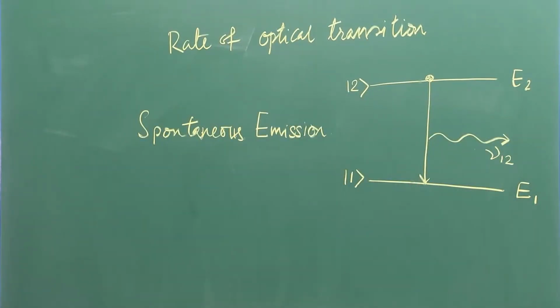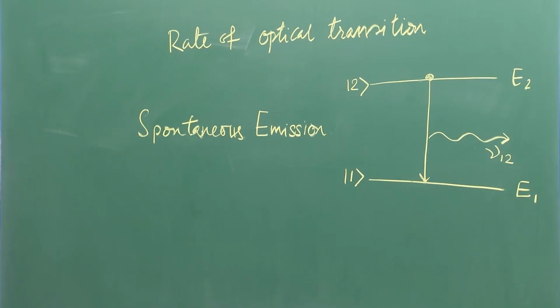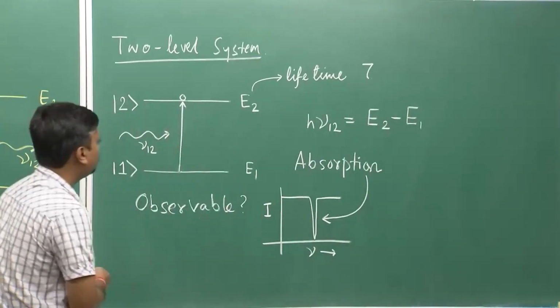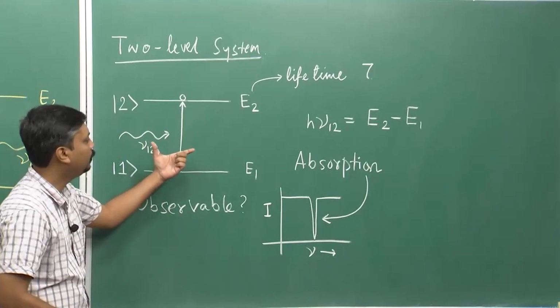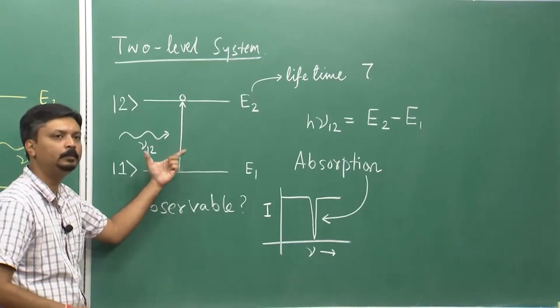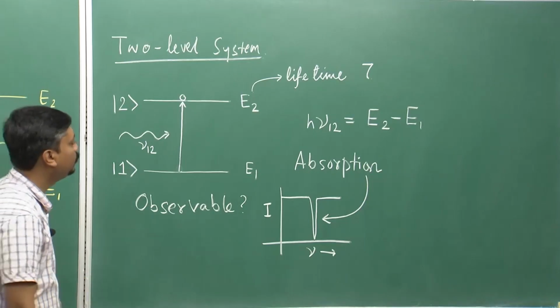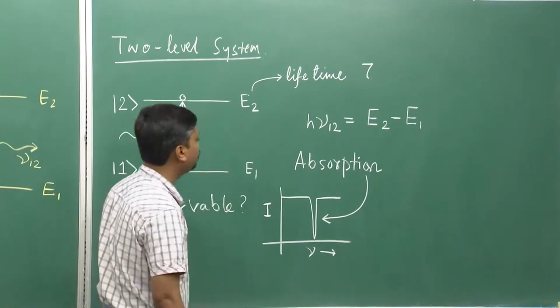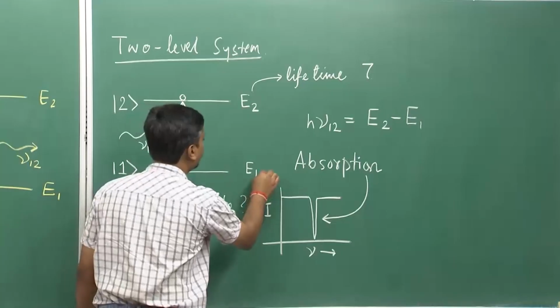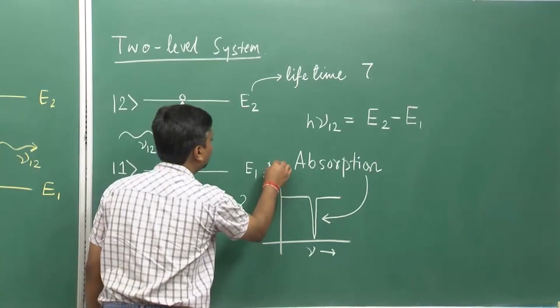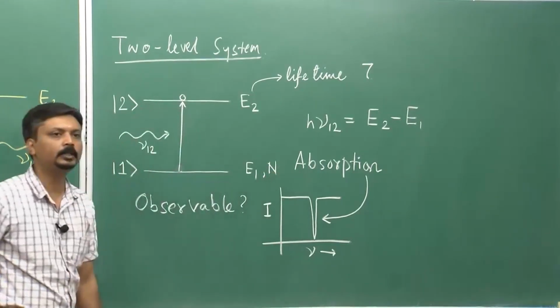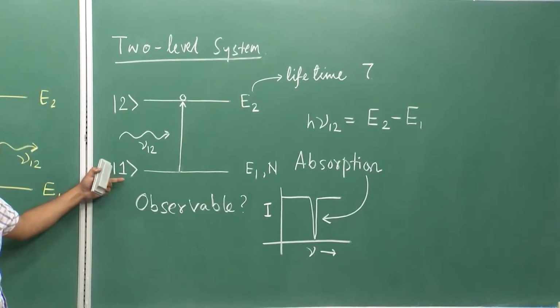So if we look at the rate for this process, before doing that we need to define some more things, that is the population. So the population of atoms in state 1 and state 2.